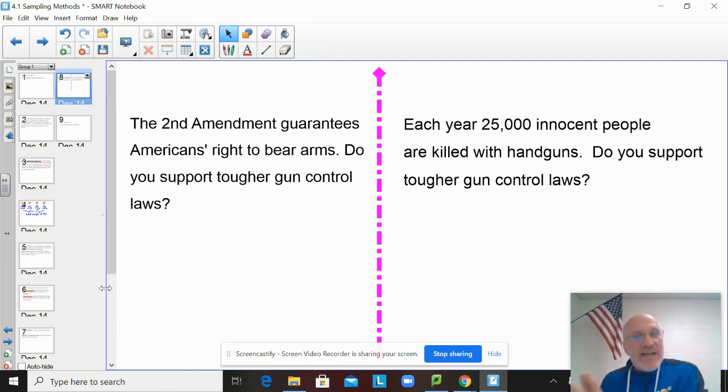Well, the question at the end is identical. When you throw out that fact first about 25,000 innocent people being killed, sounds to me like you want people to say, yes, there should be tougher gun control laws. So be very careful on how a question is worded and whether or not it might lead to some bias. Remember what bias is. Any kind of bias leads to the systematic either underreporting or overreporting of the response, whatever it is that you're looking for.